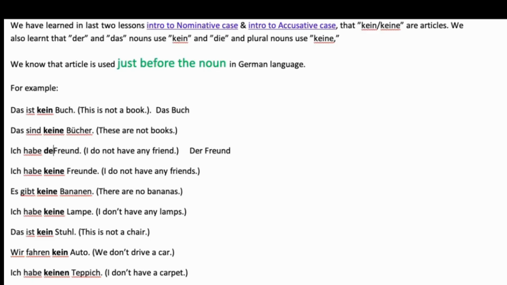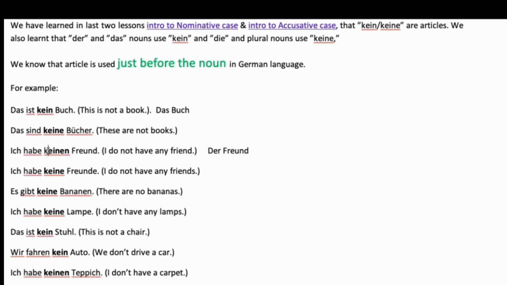So again, I can write here keinen for negation. You can also write here den. Der changes into den. That is a specific, definite article. And einen is indefinite, and I write here K, that becomes a negative article. So in accusative we only change one article, that is masculine.